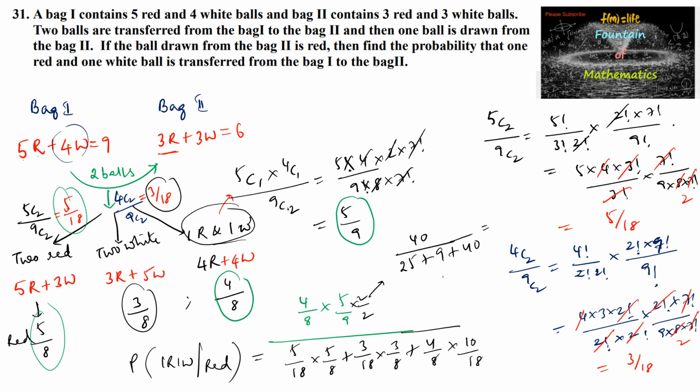So 40 upon 25 plus 9 is 34, 34 plus 40 is 74. So 40 upon 74, or we can write 20 upon 37. So 20 by 37 is the probability.